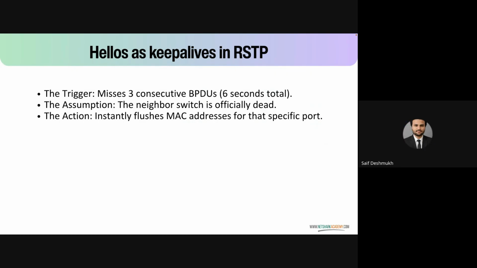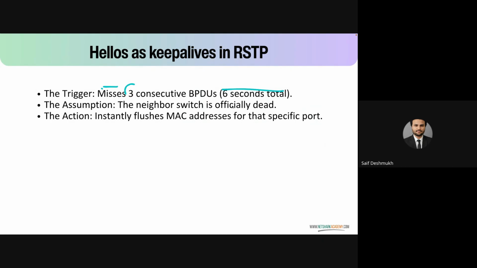And here the hellos act as a kind of keep alive mechanism. It doesn't matter whether it is the root or the non-root, every link. If we do not receive 3 consecutive BPDUs, which is 6 seconds in total by default, the receiving end switch is going to think my sender switch, or my designated switch, is dead.